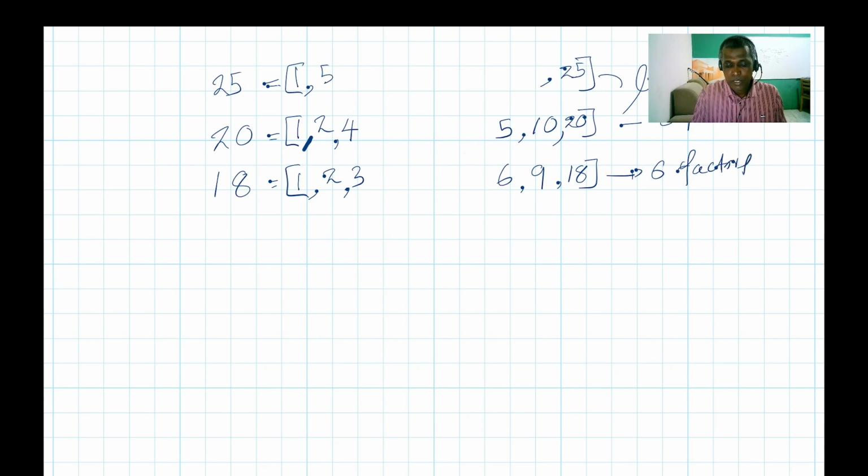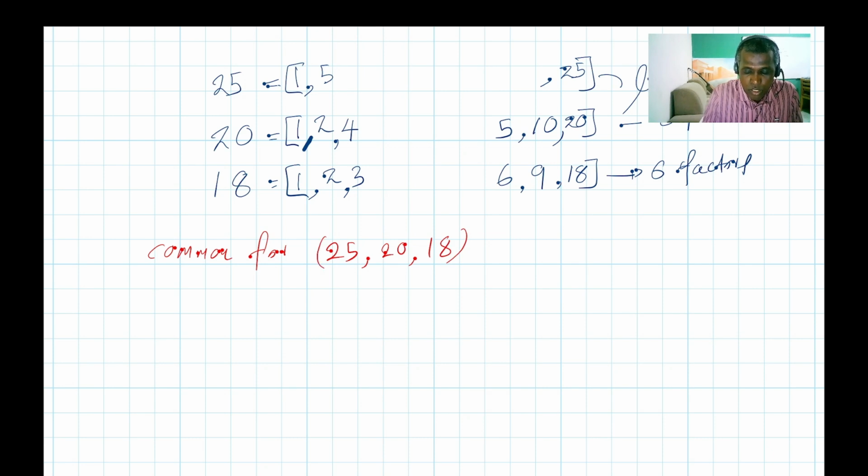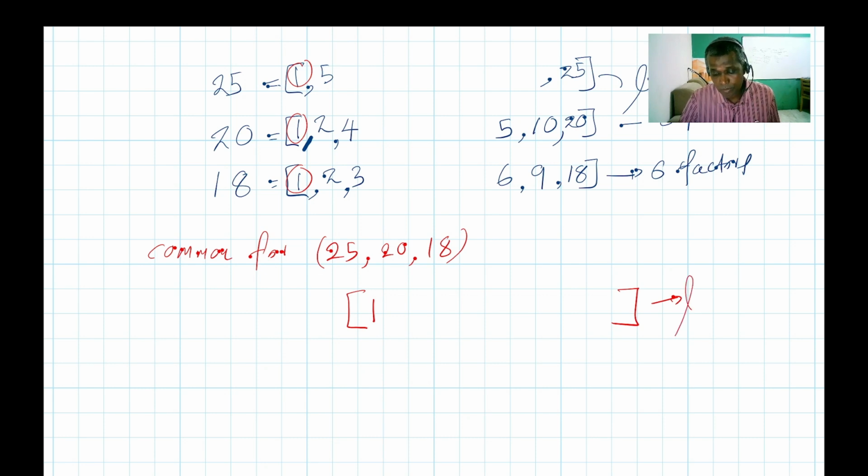So there are 3 numbers, and I am trying to find the common factors for these 3. What are the common factors for 25, 20 and 80? 1 is there, here also 1 is there. Common factors are also limited, it is not going to be infinite. 1 is there.